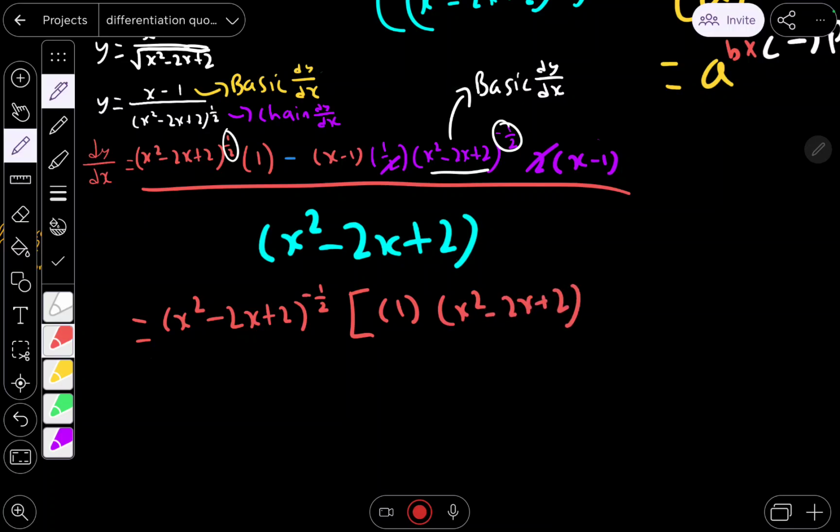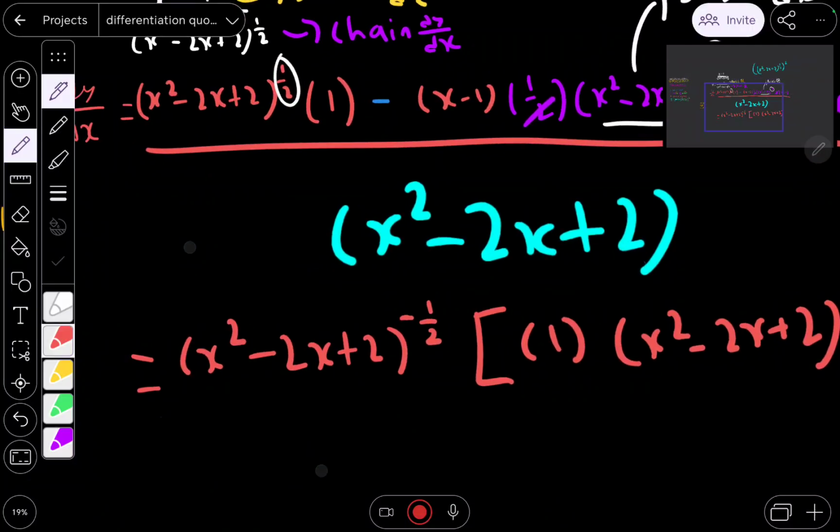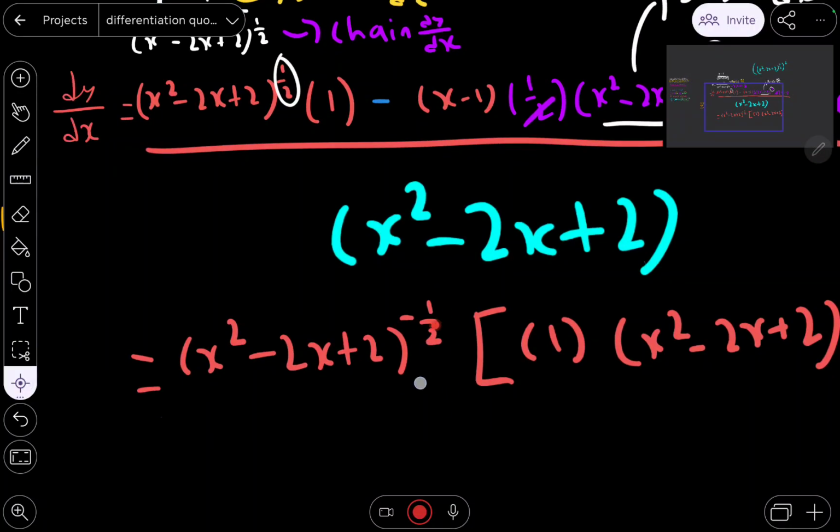Why? You can see negative half and positive half. We need one more.